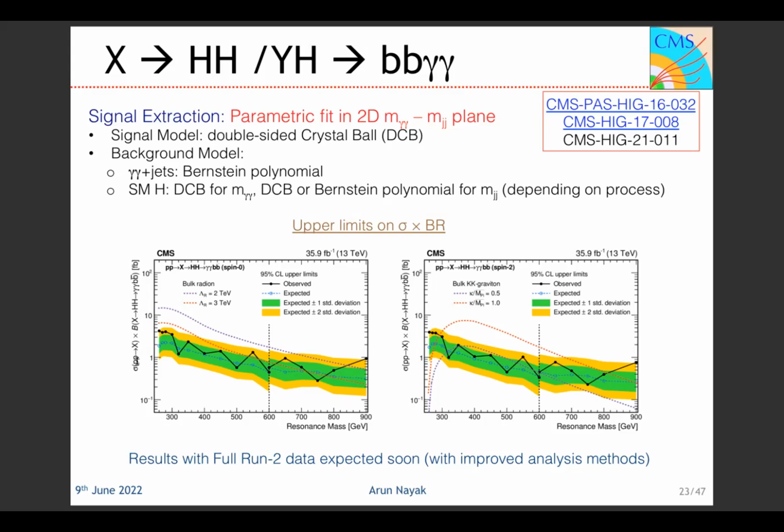The limit is on the cross section times branching fraction for this particular final state. The left side is for the limits for the spin 0 resonance, and the right side is for the spin 2 resonance.